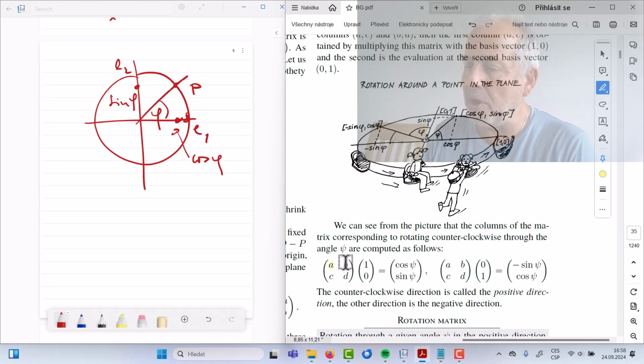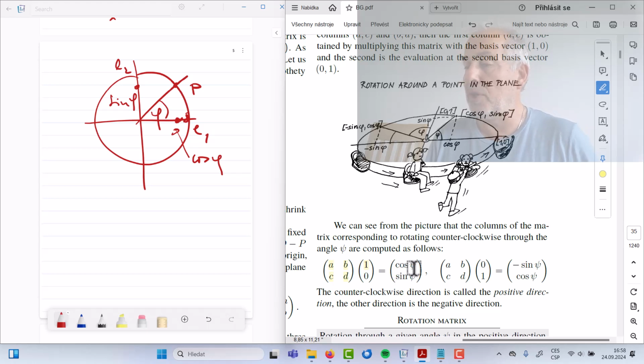So we want to know what the 4 unknown scalars are, and we know that we are rotating by the angle phi. So that means that the first column of the matrix, the A and C, will be given by depicting it on 1 and 0, and we see what happens, right?